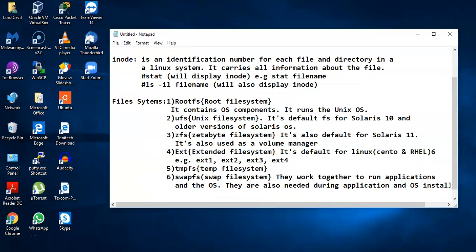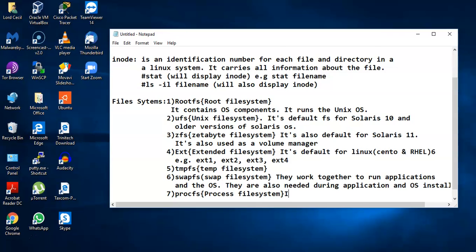The next one is the process file system, written like this: procfs. This one manages all system processes.